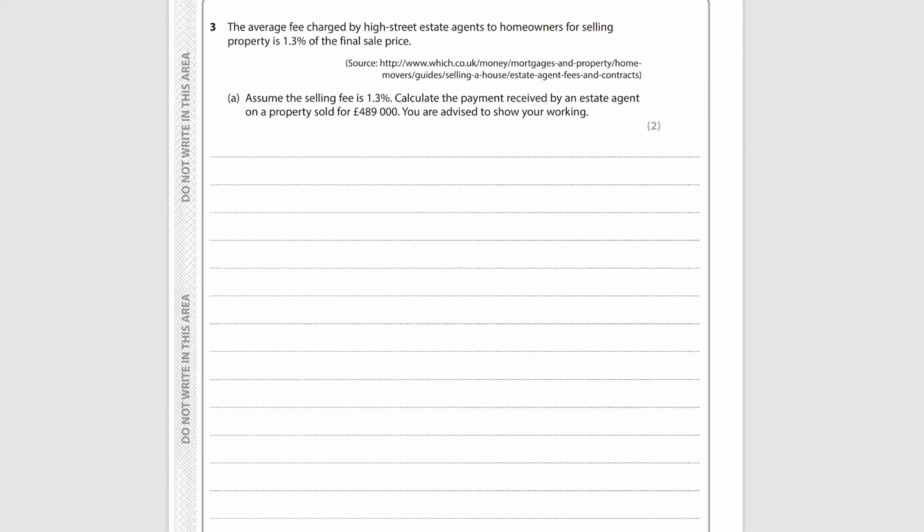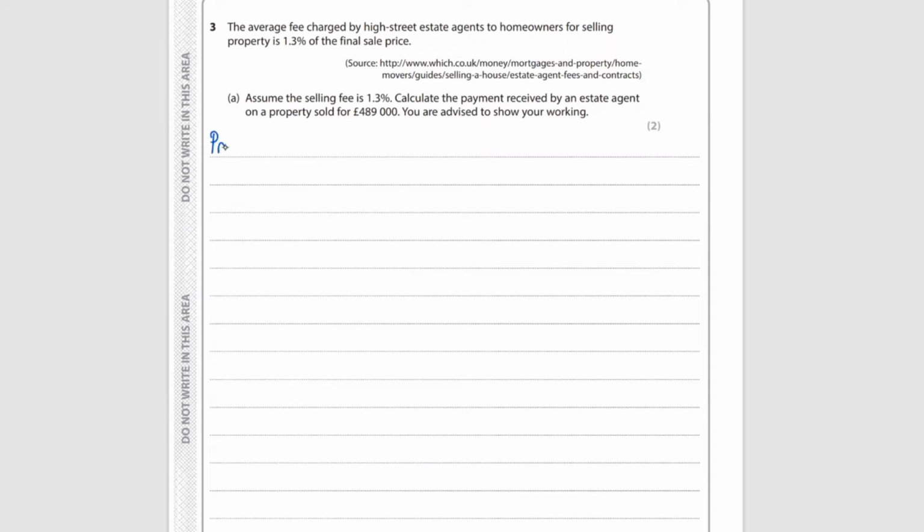The average fee charged by high street estate agents to homeowners for selling property is 1.3% of the final sale price. Assuming the selling fee is 1.3%, calculate the payment received by an estate agent on a property sold for £489,000. You are advised to show your working.